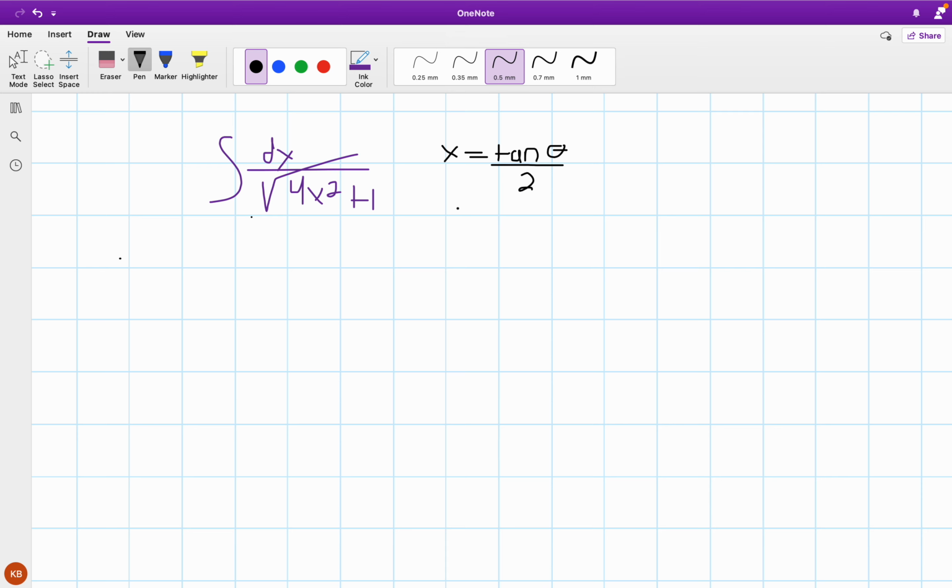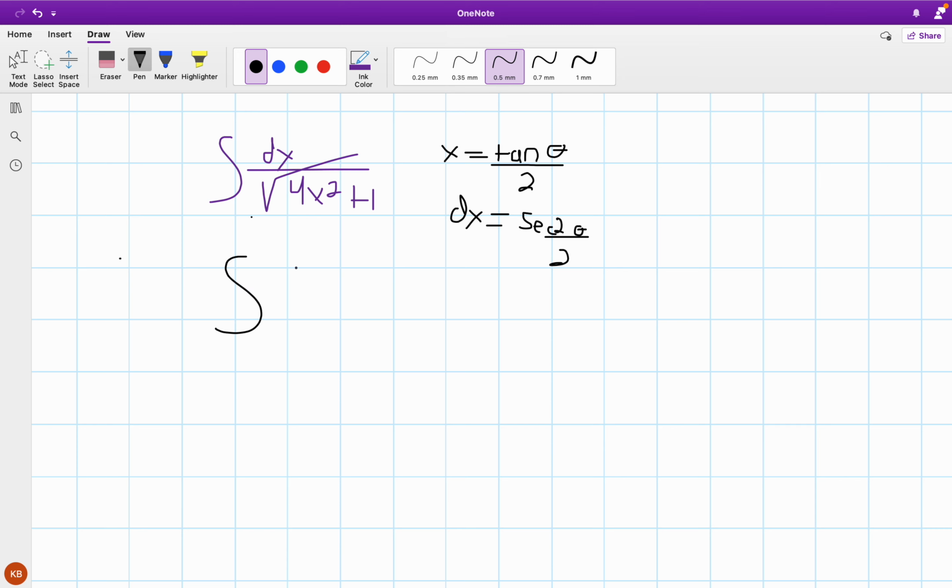over 2. So the dx will equal, the derivative of tan is secant squared theta, so it will just be secant squared theta over 2. And now we're ready to just put that into the equation.